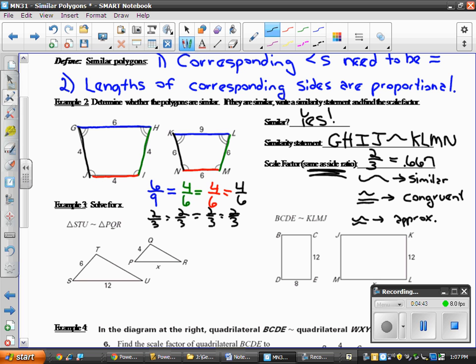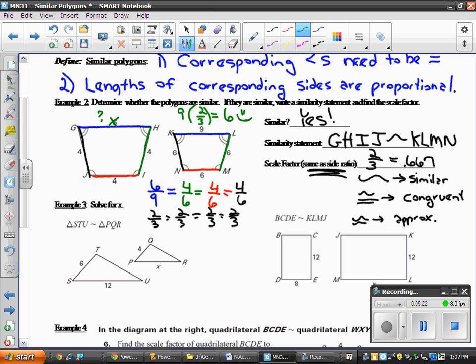But what's interesting about that side ratio is that if you do not know this length right here and you want to find it, you can use that scale factor of 2/3 and take this side of 9. Since this shape is similar to this other shape, and my shapes are very misleading, one is bigger than the other but the lengths are exactly opposite, so I'm sorry about that. But this is 9, and if you multiply it by that scale factor of 2/3, you will in fact get 6, which is quite amazing.